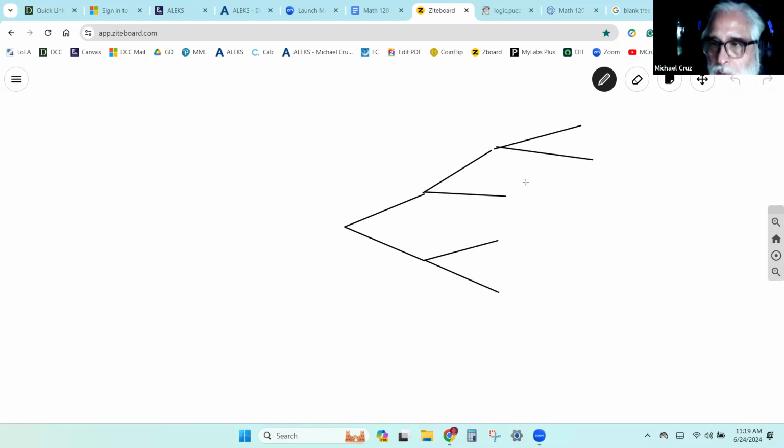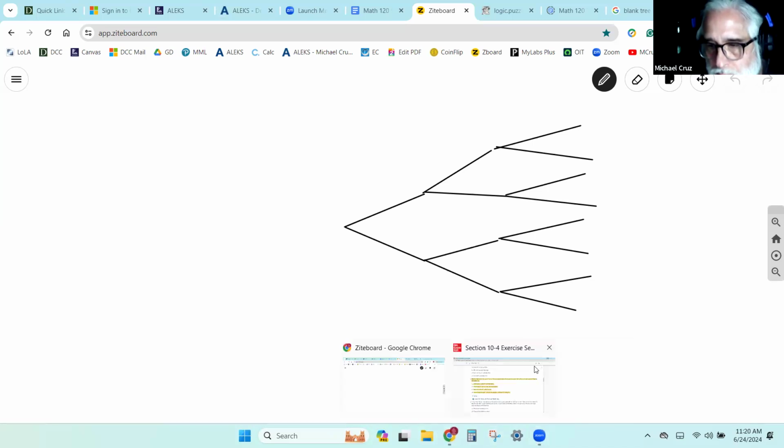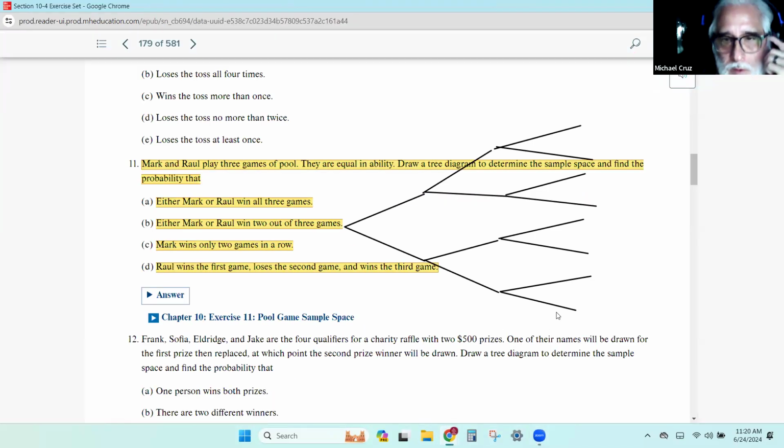So each of these would work with something like flipping a coin, heads or tails, boy or girl with children, anything where there's only 2 choices, and yet you're doing something 3 times. In other words, let me go back over there and get that problem. All right.